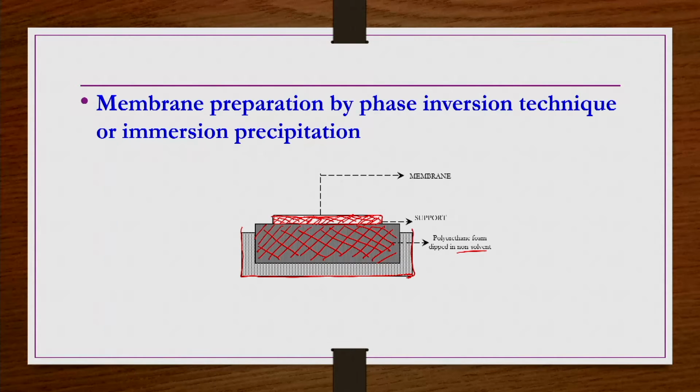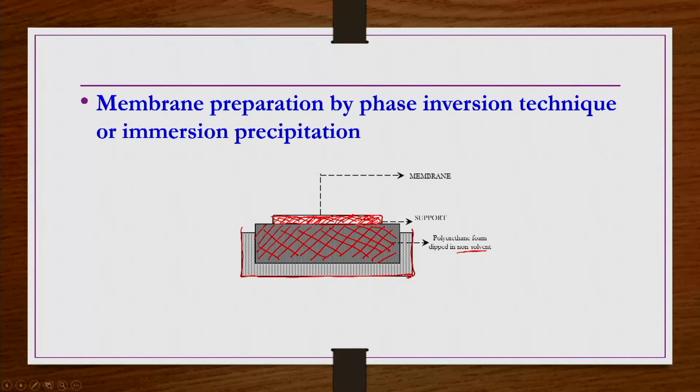Whatever pores are there within the support are initially empty, or occupied by some gases or vapor. Those will be replaced by the non-solvent, because the support has been kept on a foam whose pores are already occupied by the non-solvent. So now that non-solvent will permeate and occupy the porous structure of this support.